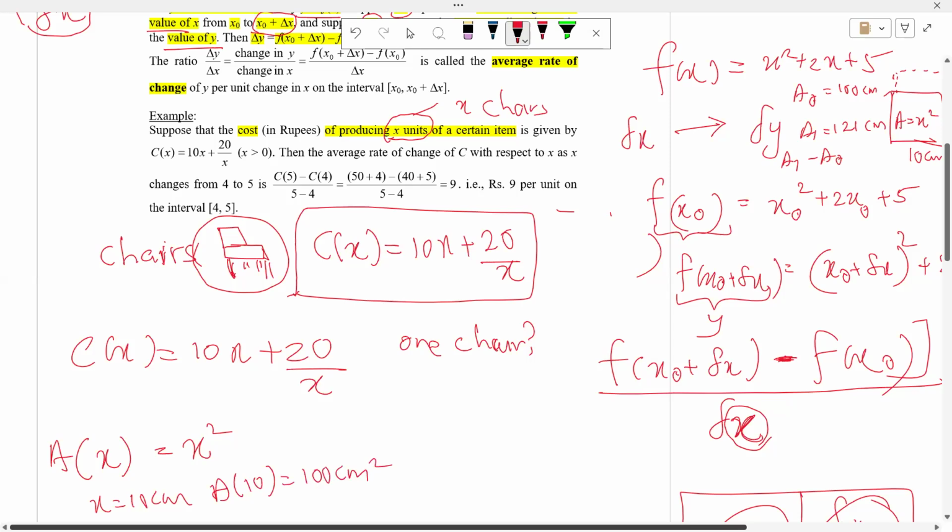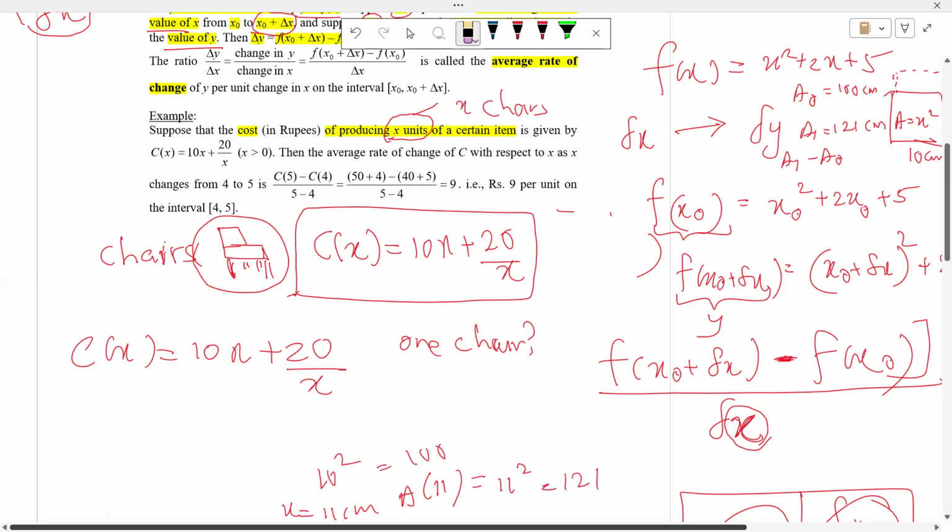Now if I increase X to 10 plus 1, 11 centimeters, A11 is equal to 11 to the power 2. Here 10 to the power 2 is 100, here 11 to the power 2 is 121. This is what we discussed. Similarly here I'm giving an equation, right? So what is the answer for this?